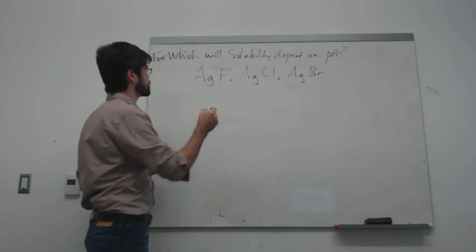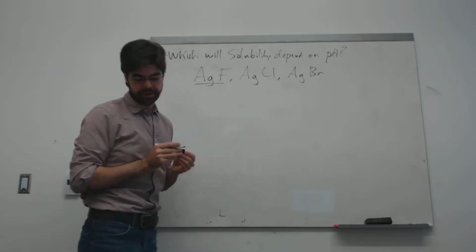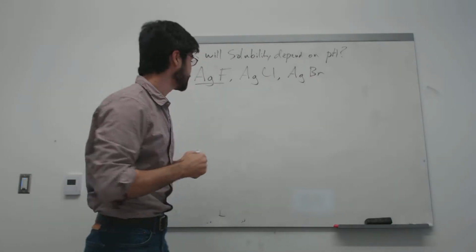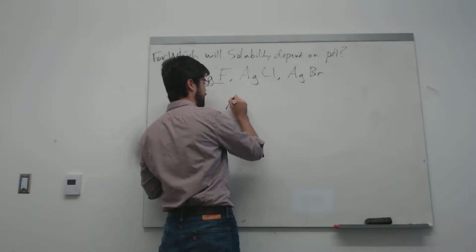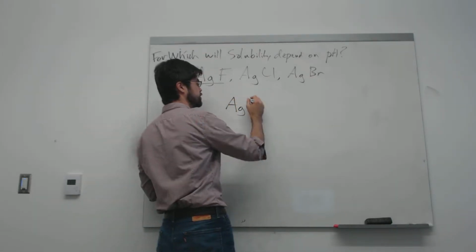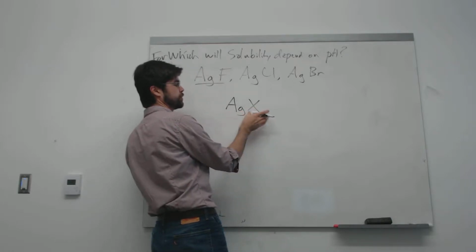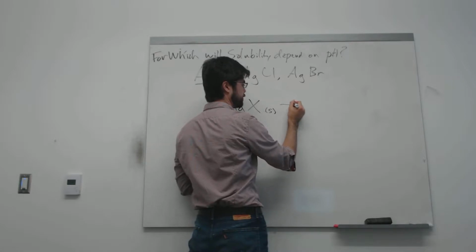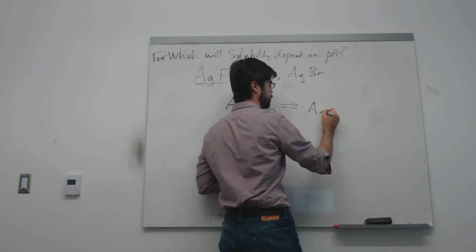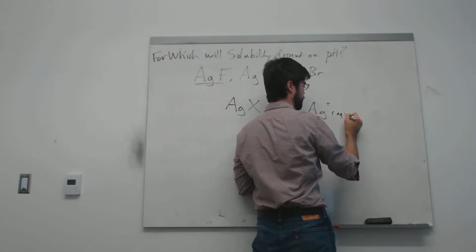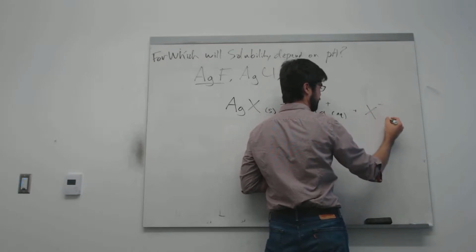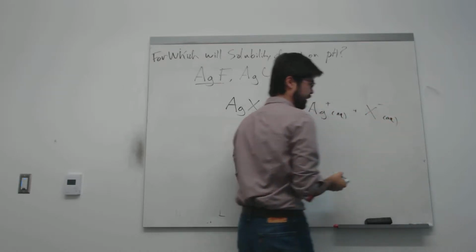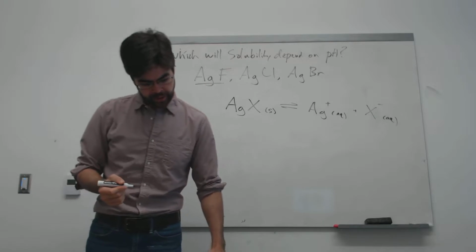Okay, so it's going to be silver fluoride. So let's think about this. Every single one of these salts has the general form silver and then some halogen ion. They are all dissolving into solution, forming Ag+ and then this halide ion in solution.